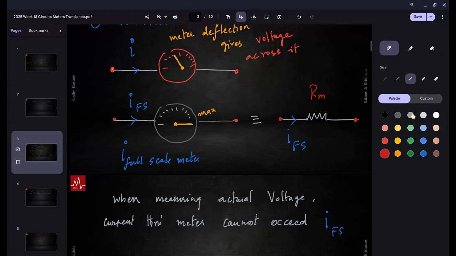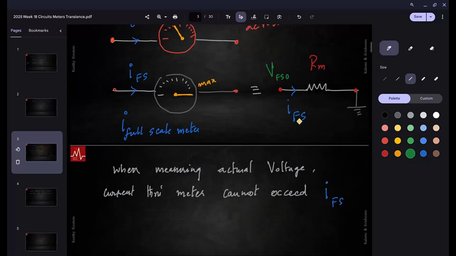In this case, when you just have the meter, let's say we ground this, and this voltage is going to be V full scale. When you apply this voltage, this is V full scale naught, you get maximum deflection here.